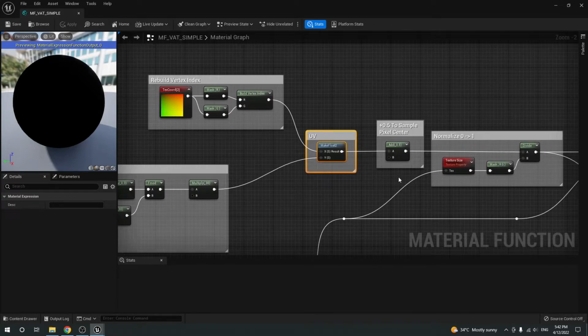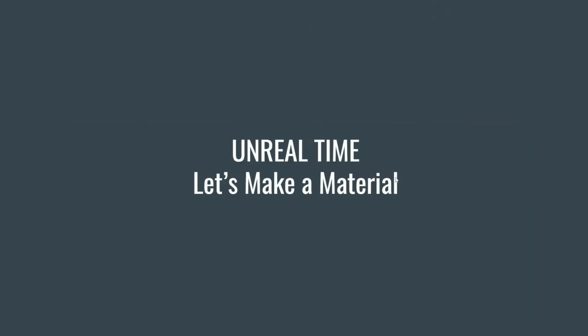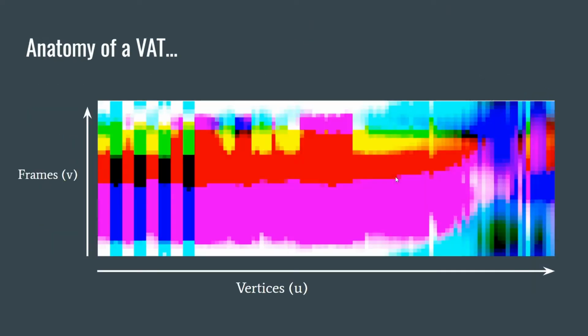Next, I add 0.5. And this 0.5 is very important. The reason for that, if we jump back to the presentation and have a look at this vertex animation texture, let's say we were sampling for vertex 0 on frame 0. Well, that would sample the very, very top left of this texture. But we don't actually want to sample the top left of our pixels.